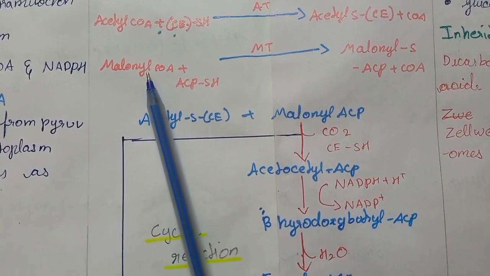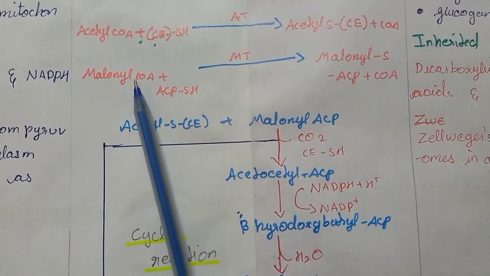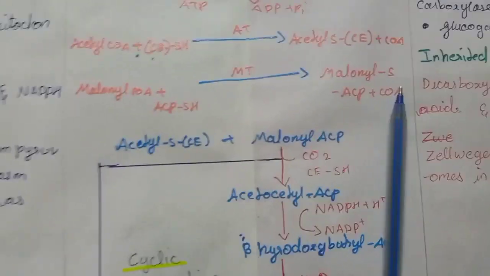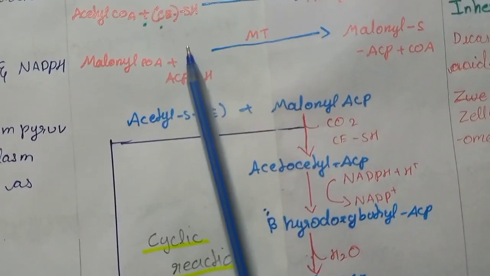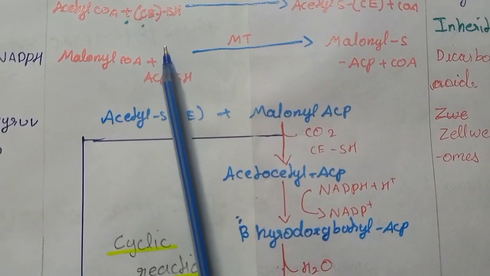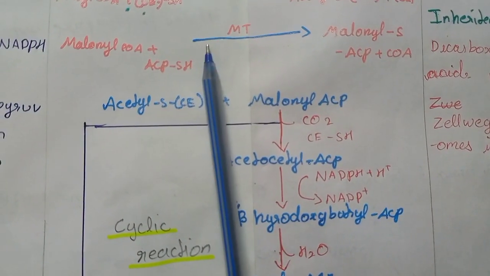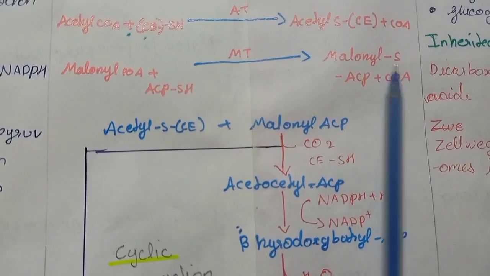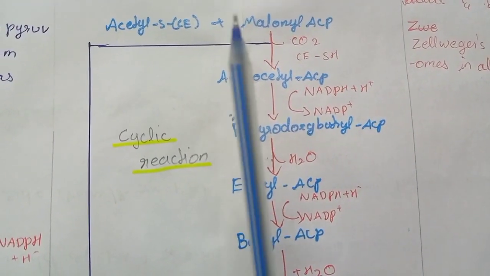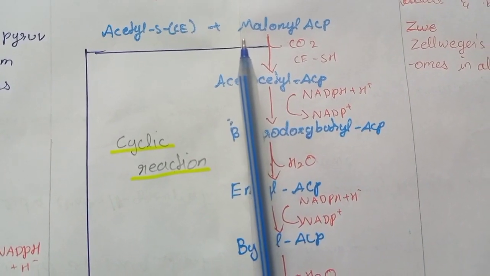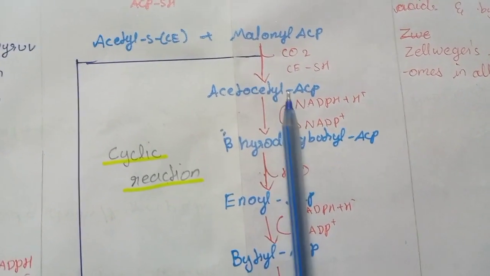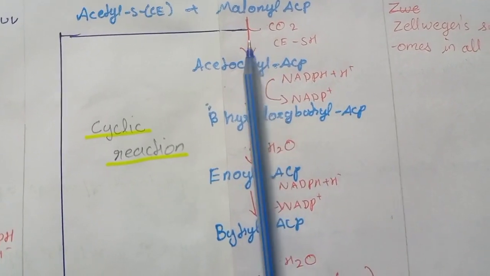Malonyl coenzyme A is converted to malonyl ACP by the malonyl transacylase. Malonyl transacylase transfers the malonyl group to the SH group of the ACP of one monomer. The third step is called the condensation step, in which acetyl and malonyl unite and condense to form acetoacetyl ACP. In this process, 1 CO2 is released.